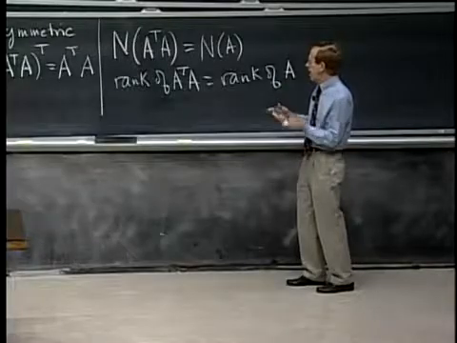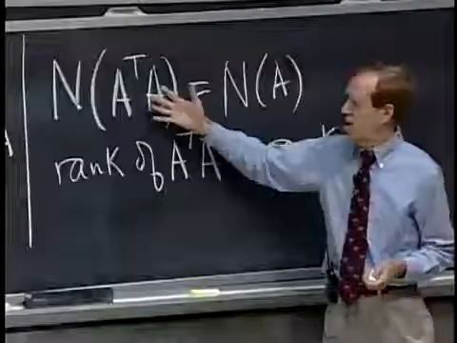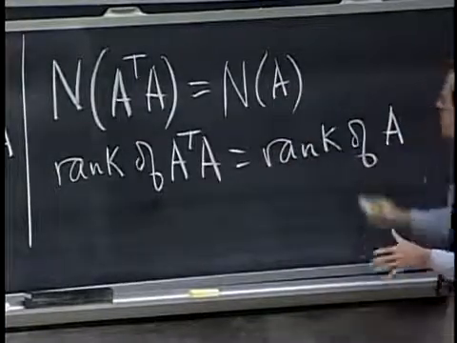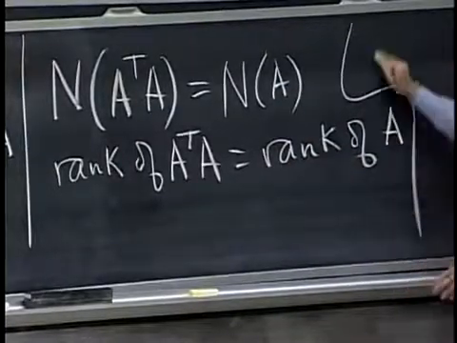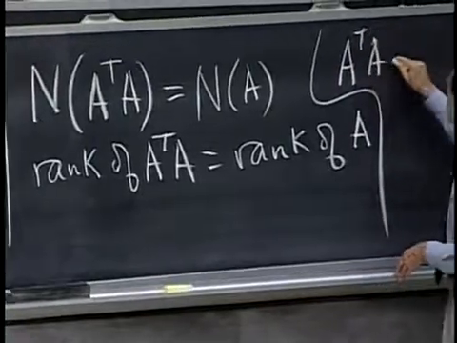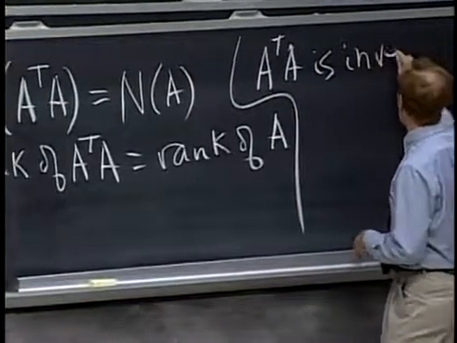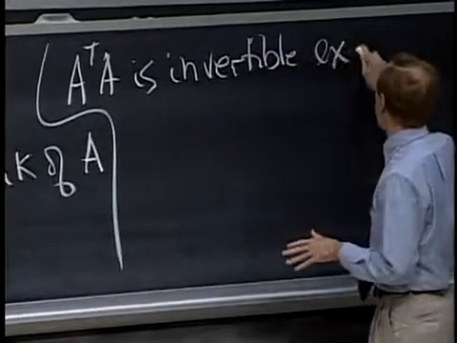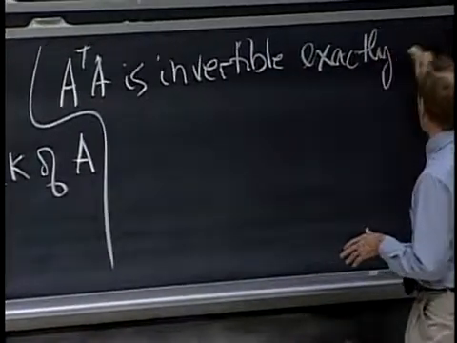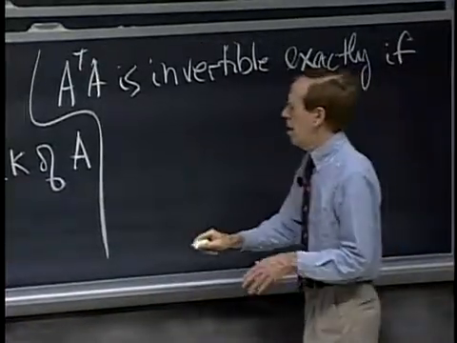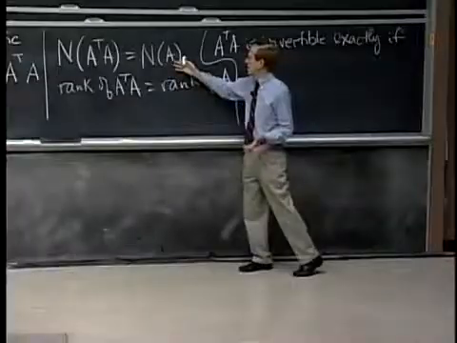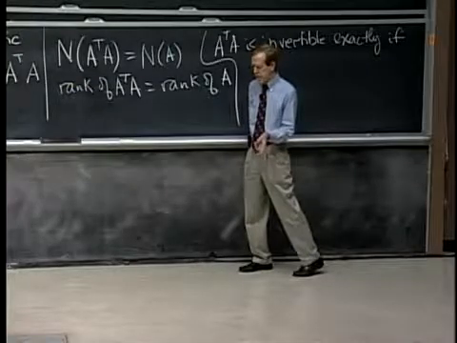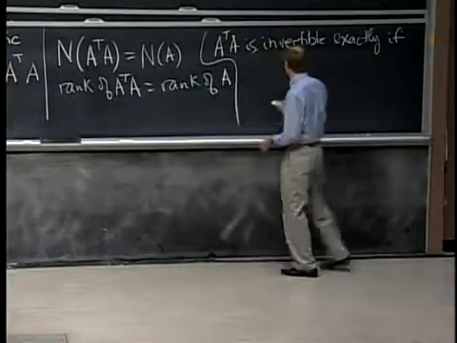This tells me that this square symmetric matrix is invertible. Here's my conclusion. A transpose A is invertible exactly if this null space only has the 0 vector, which means the columns of A are independent.